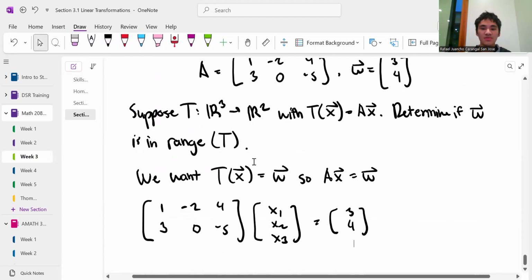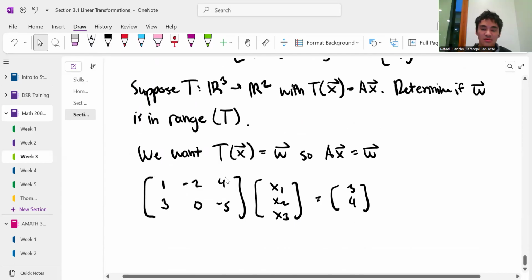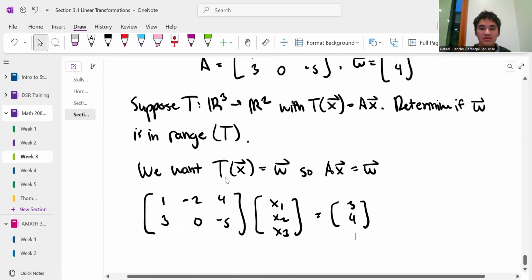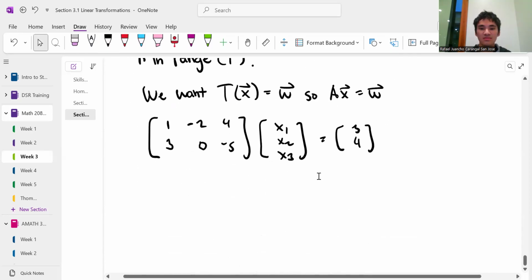Right? So we start from R3, and then we get this vector. Okay?